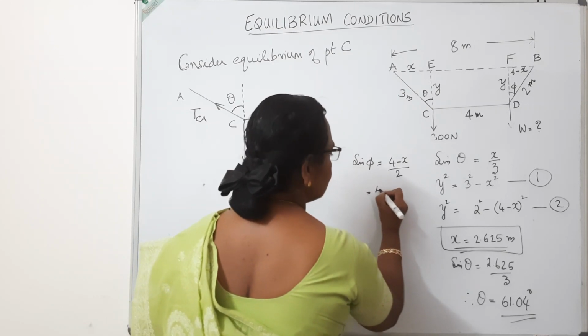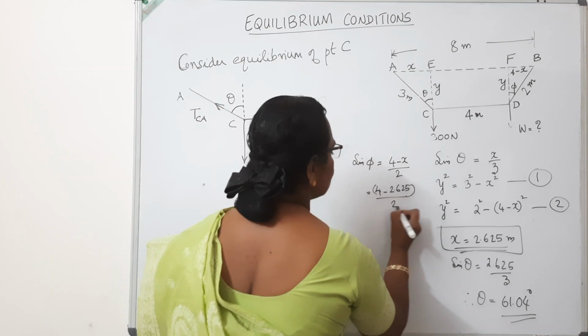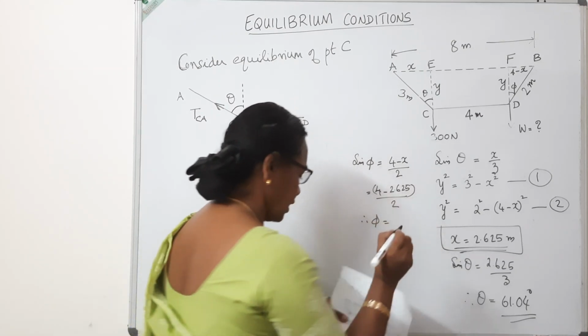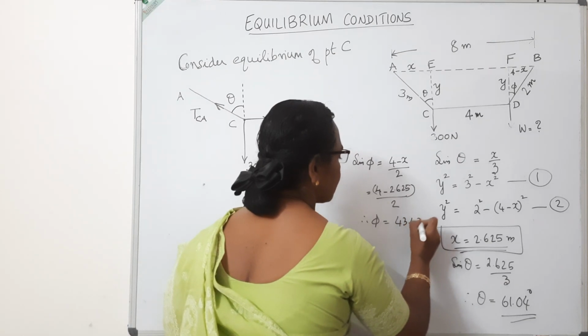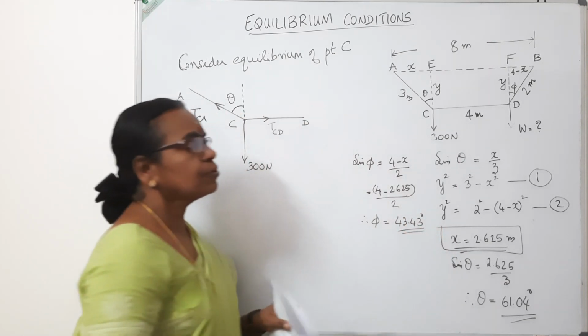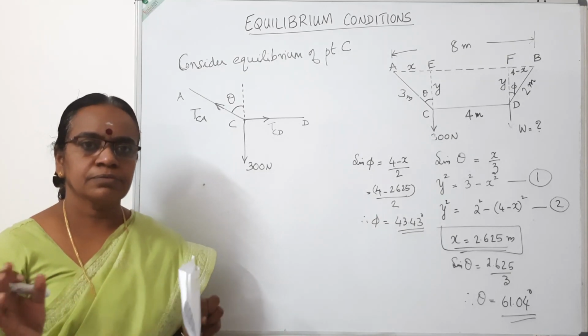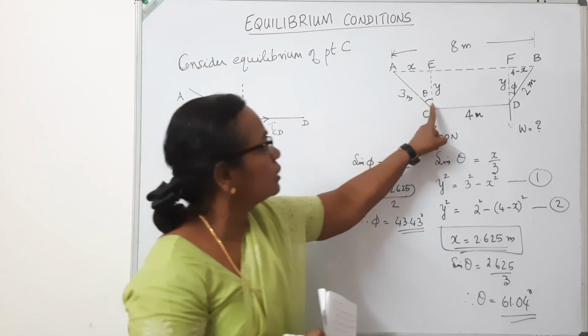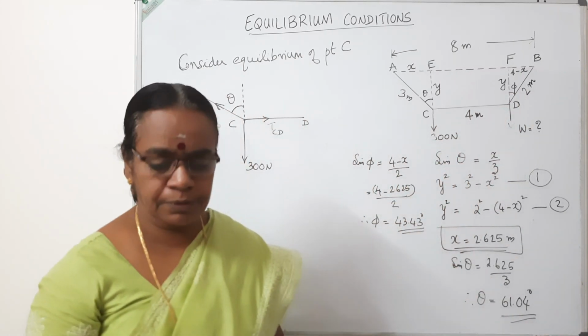So that is equal to (4 minus 2.625) by 2. From that I can get phi also, 43.43 degrees. So before starting with the solution, we have to find out the angles theta and phi just from the trigonometric principles.